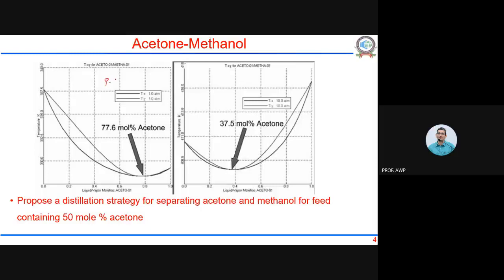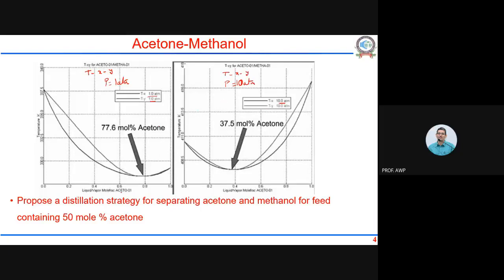This Txy data is at 1 atmosphere, and this is your Txy data at 10 atmospheres.